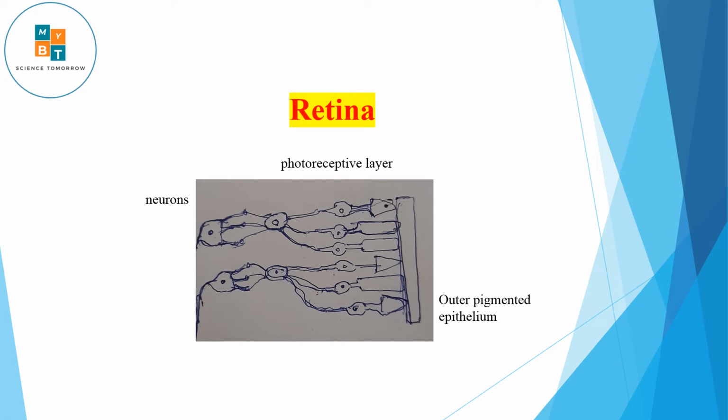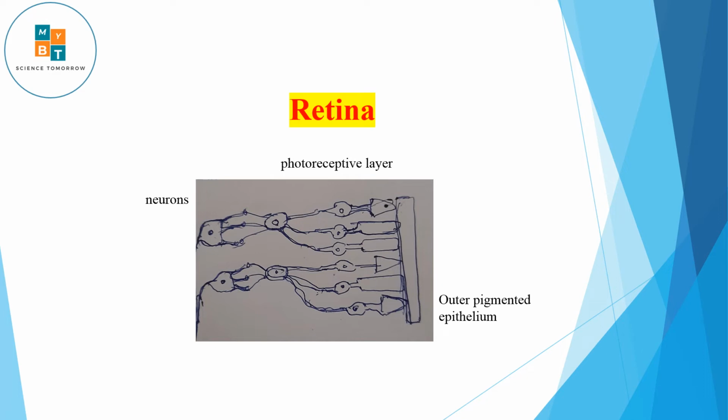When we consider the retina, the innermost layer of the eyeball, we can divide it into three layers. The outermost is the pigmented epithelium, then the photoreceptor cells, and you have neurons. There are two types of photoreceptor cells: rod cells and cone cells. There are more rod cells than cone cells.